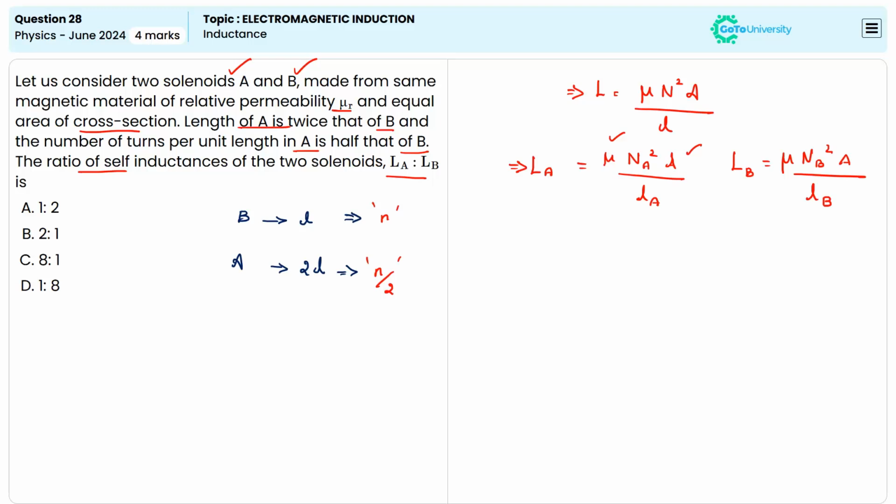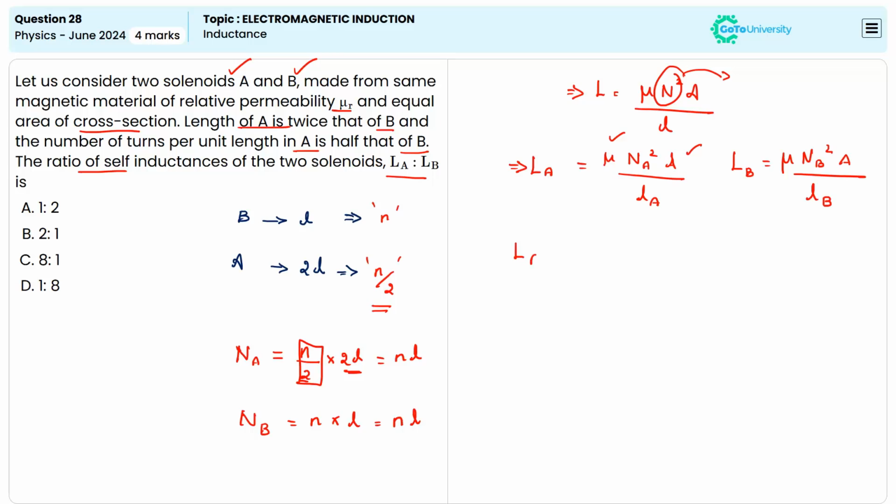It's known that n in the general formula represents the number of turns per unit length. So here the number of turns per unit length in solenoid A can be written as N over 2 divided by 2L, because it is N over 2 turns and the length is 2L. So it will be N over 4L. Similarly, n_B can be written as N turns over the length L, so it will be N over L.